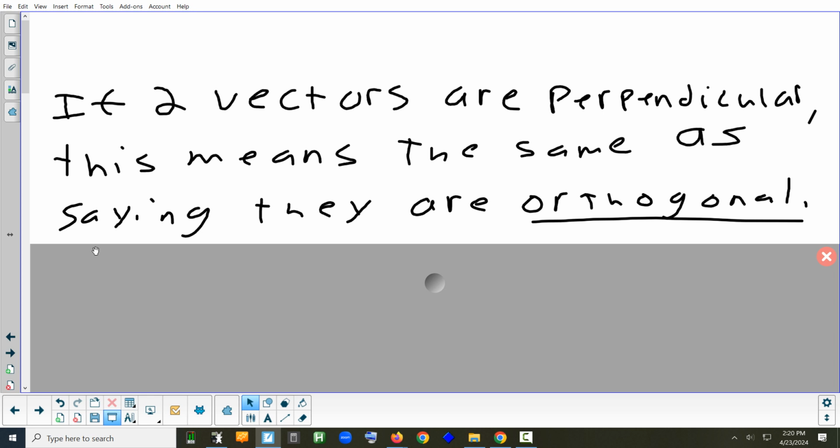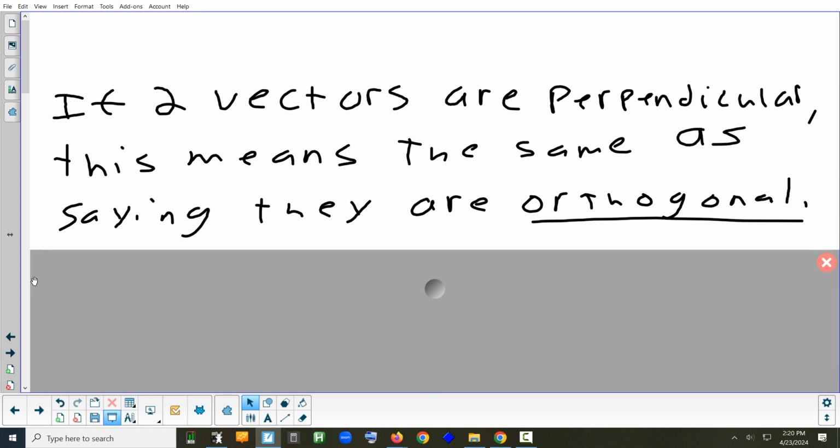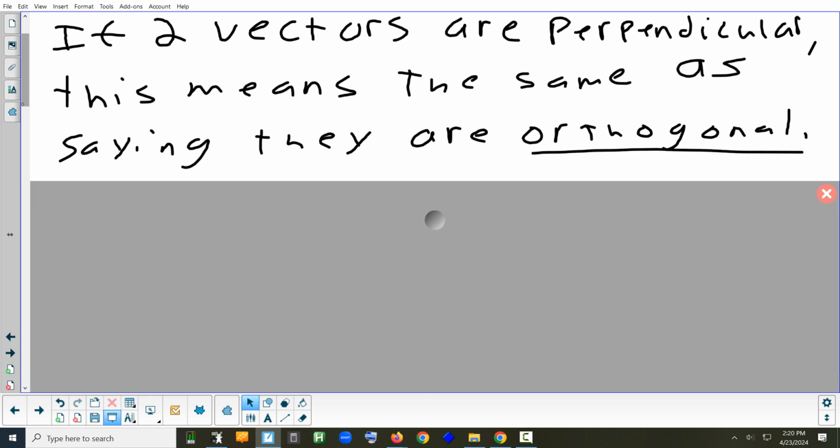So if you see on the test or in the homework, determine if the following vectors are orthogonal, I'm asking you if they are perpendicular, which means they meet at what kind of angle? 90. They meet at a 90. Yep.